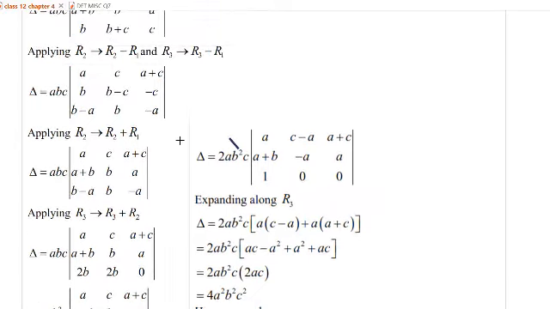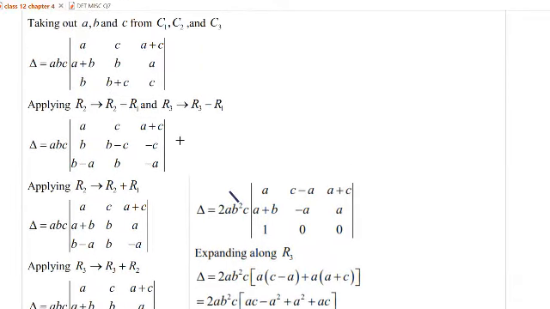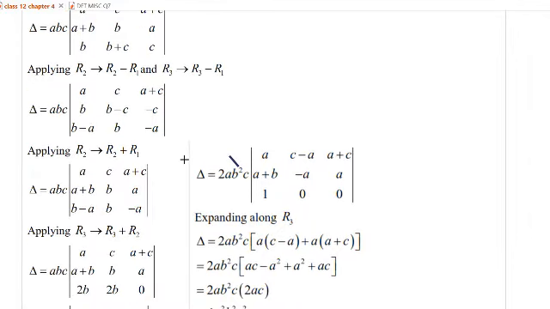So once again, you see the operations we have applied. First of all, row 2 minus row 1. Okay, so on doing row 2 minus row 1, I got b, b minus c, minus c. Row 3 minus row 1, b minus a, b minus a. Okay, because c minus a minus c will be minus a. Once this is done, in row 2 we'll add row 1.